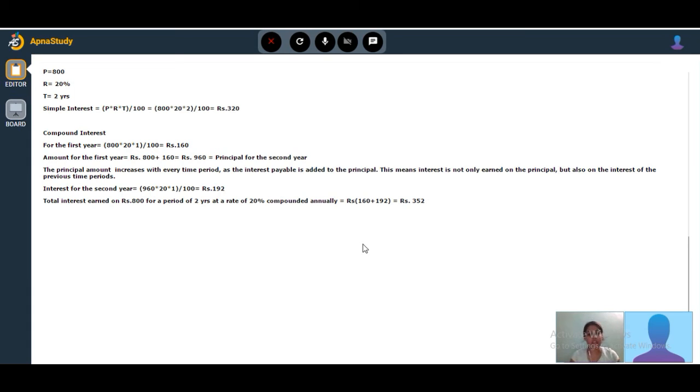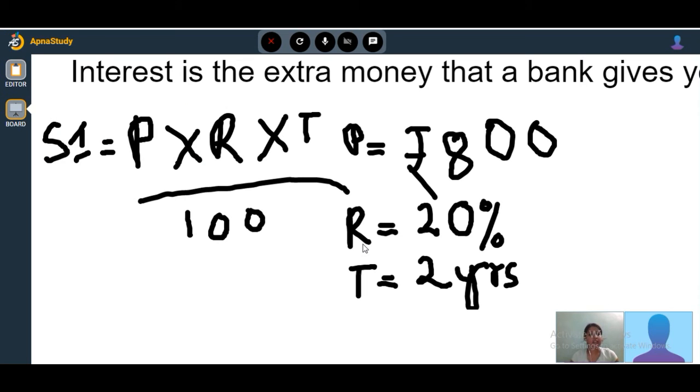And the formula is, we can just swipe on to the board, so that we can easily see the formula.